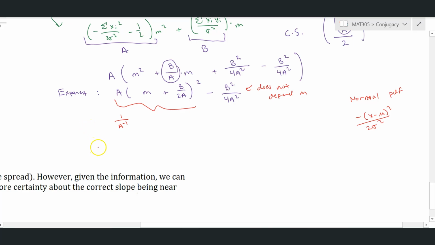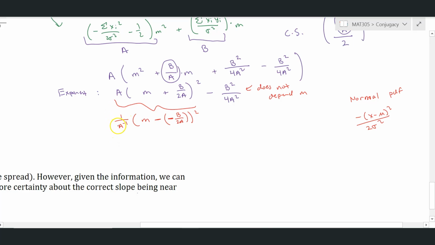And now you can see that it's starting to look a lot like this, but in the parentheses I have my variable. It has to be minus. Well, it's a plus sign here, so to keep it a plus sign, I would have to do minus b over 2a. And it's that quantity squared. Now here I'm kind of missing a 2, right? So one thing that I can do is multiply and divide by 2.